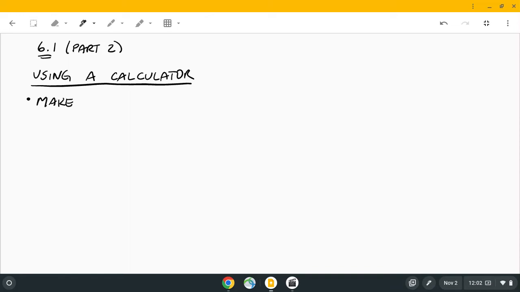So let's make a note of that. If we're dealing with radians, make sure you're in radian mode. If the problem is in terms of degrees, then make sure you're in degree mode.